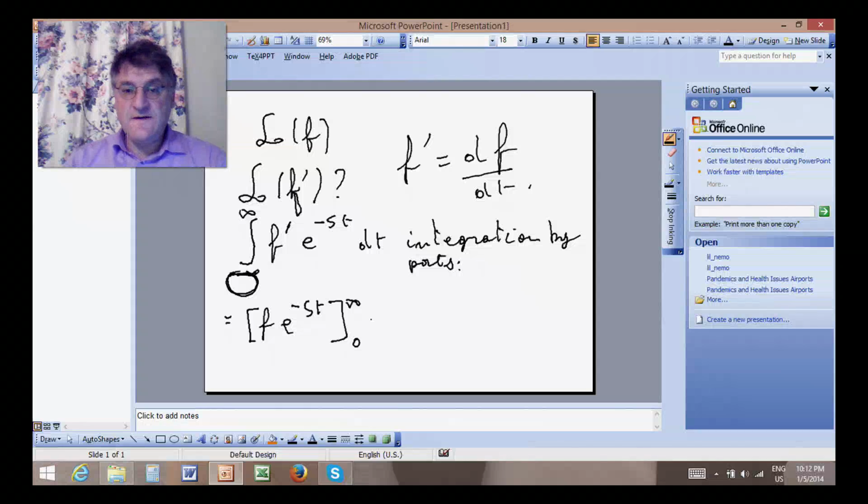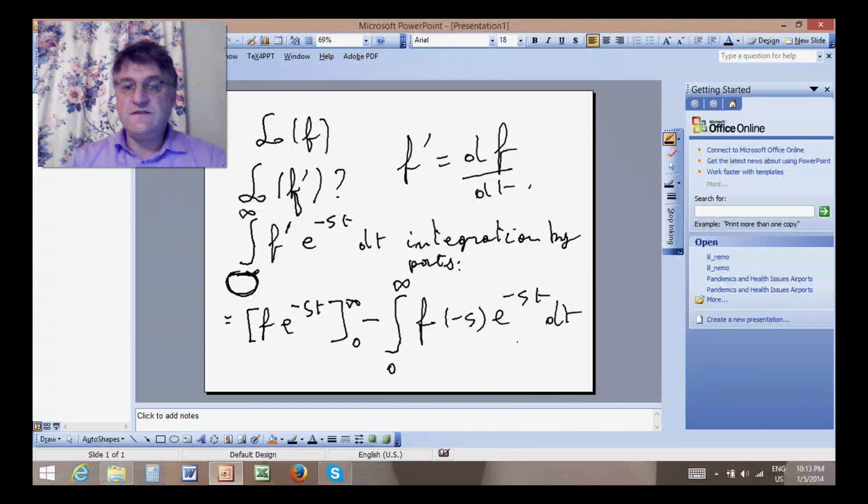And then I will subtract the integral from 0 to infinity of f times minus s, the derivative of e to the minus st, dt. Now, this term has a particular value. That term has a particular value.